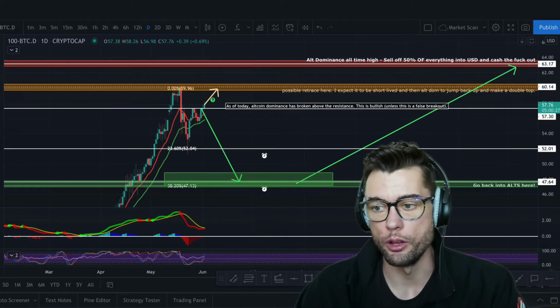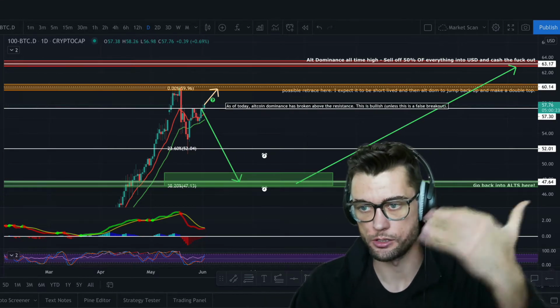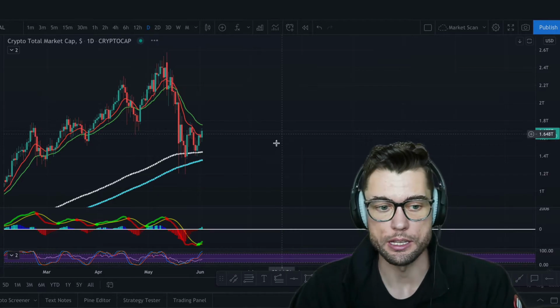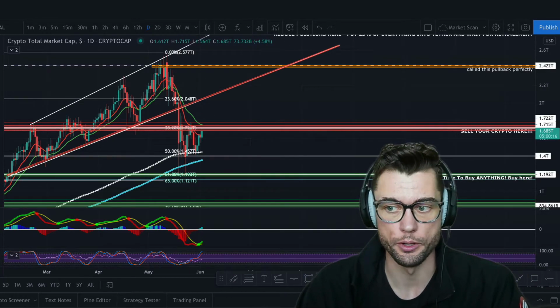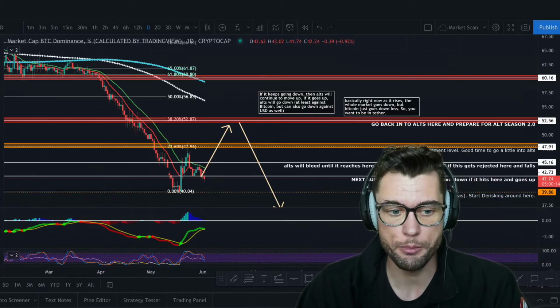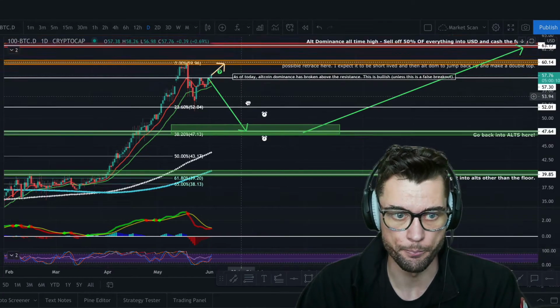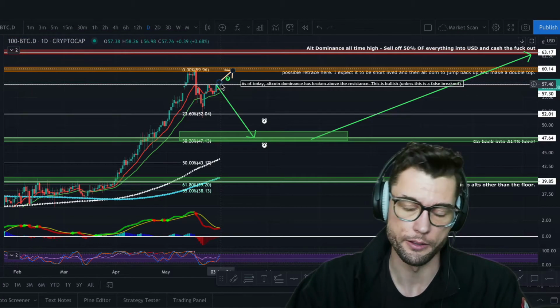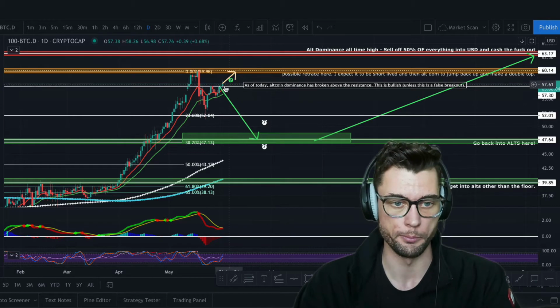So basically what this market update is saying is that the total market cap is at the resistance, so I don't really want to go into coins. The dominance levels are possibly falling or moving up depending on if you're Bitcoin or altcoins, but we'll just stick with altcoins because that's where everyone makes their money, right?